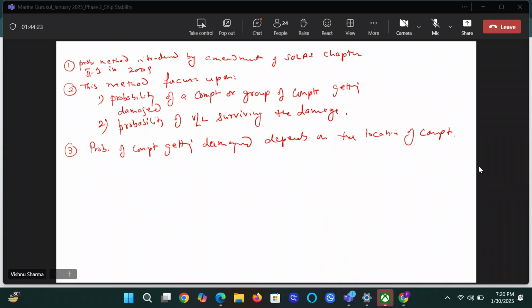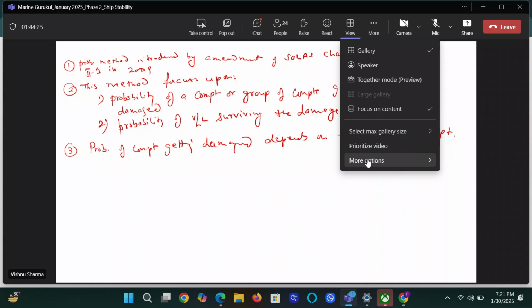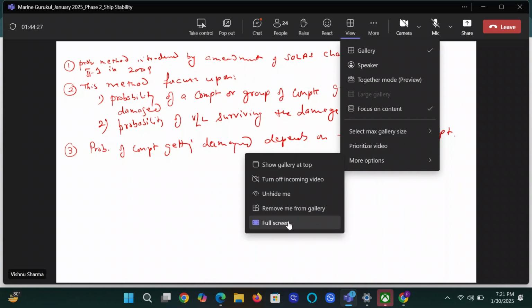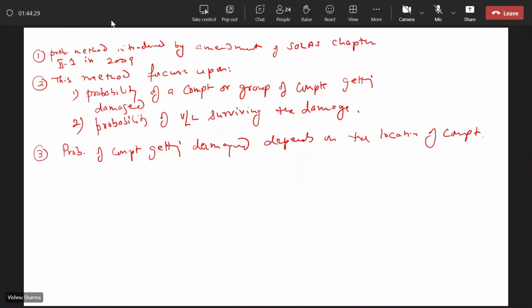Fore peak. So the probability of different compartments getting damaged is different. If it's protectively located, probability will reduce. If it's located in a zone which is more prone to accidents, probability will increase.